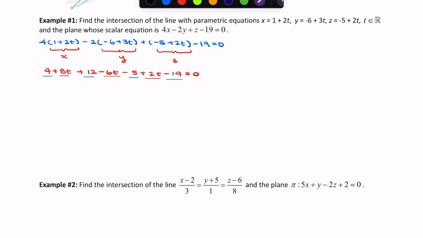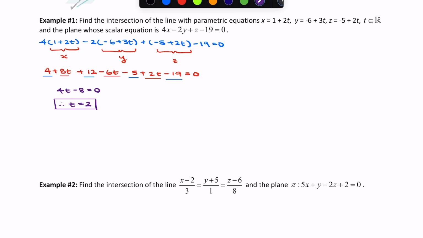Here we will get 4t minus 8 is equal to 0, and therefore t will be equal to 2.